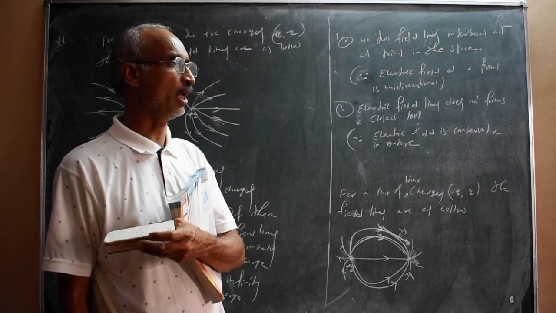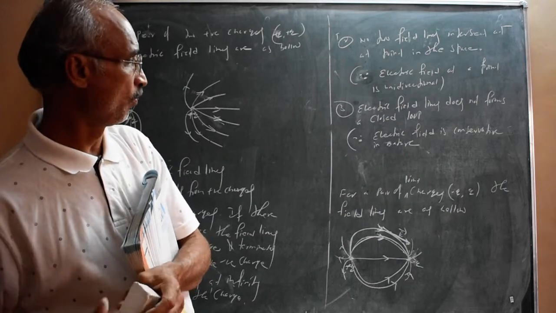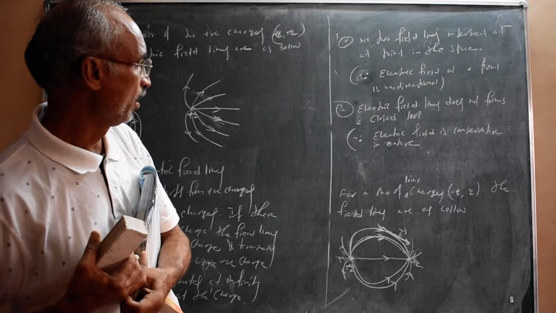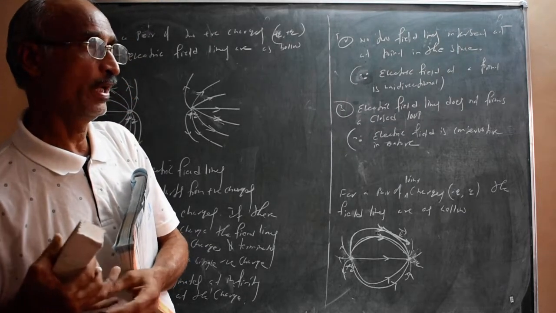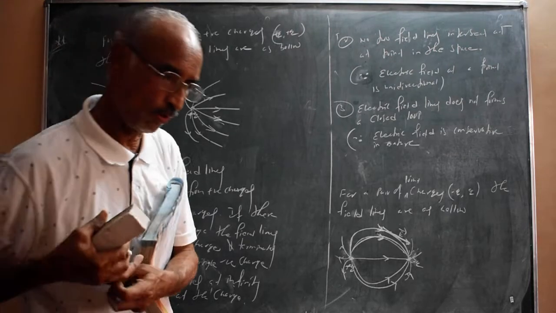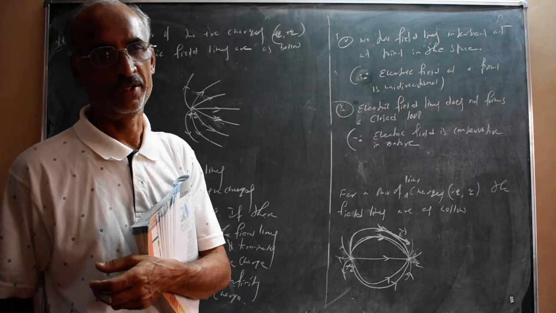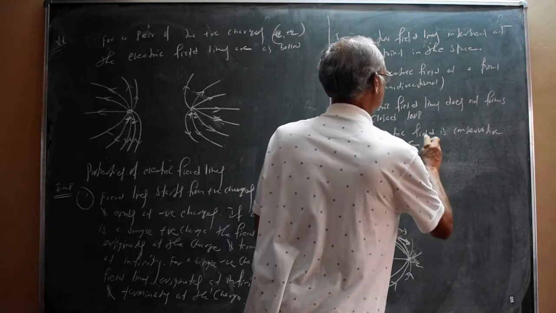The work done by a conservative force does not depend on the path followed, and the path does not form a closed loop. That's why the electric field is conservative in nature.